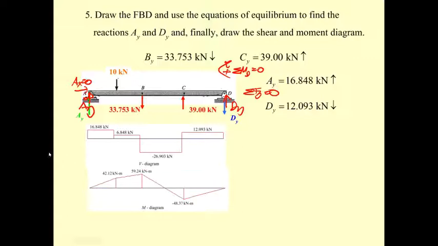From the moment diagram you can see this portion is positive, this portion is negative. You get this one for the inflection point of 0 moment. This one is concave upward, this one is concave downward.